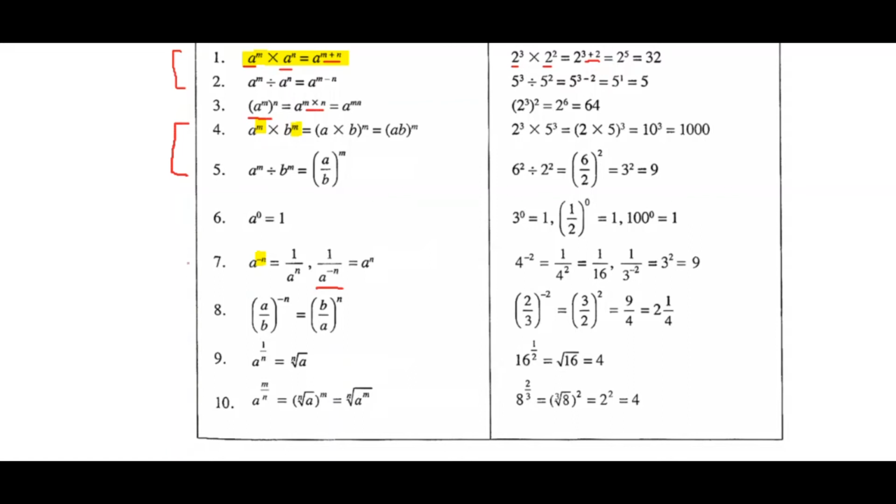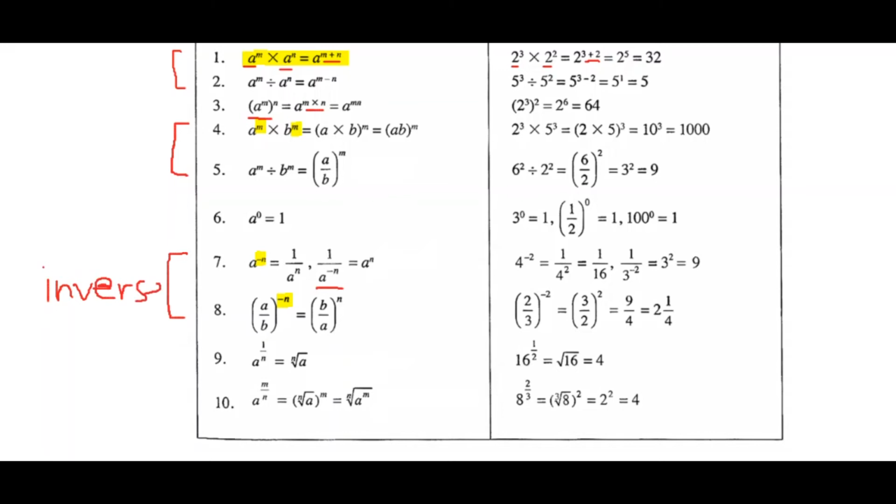So actually 7 and 8 also link. If I have a negative power, just like in 7, I'm actually taking the inverse. So I'll just write inverse here. Inverse just means 1 over the original.